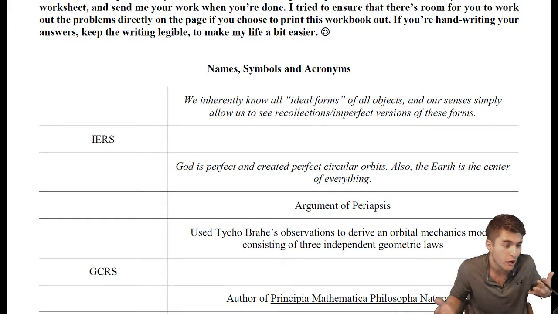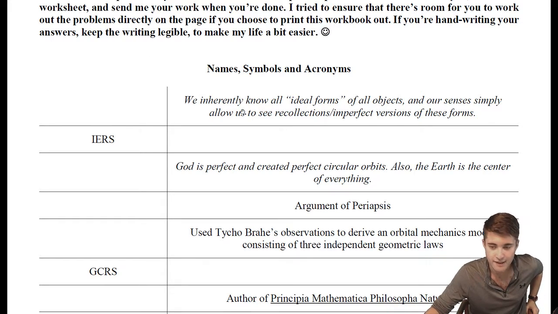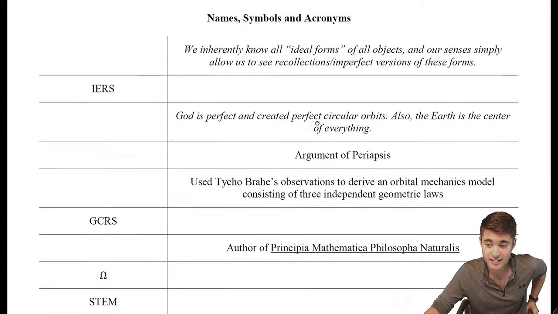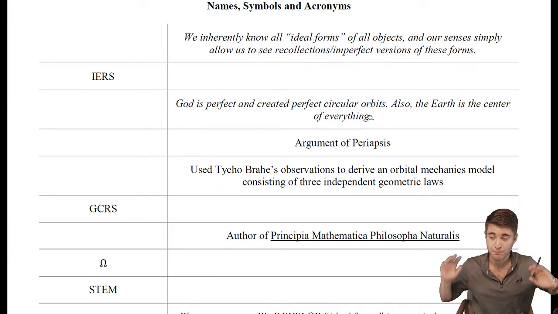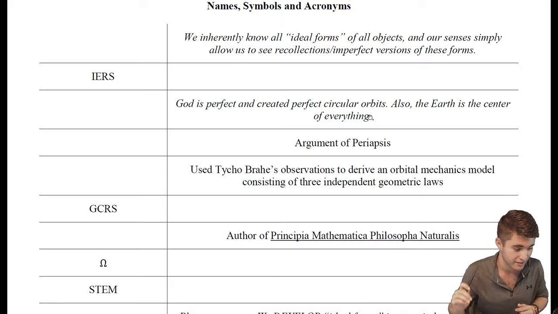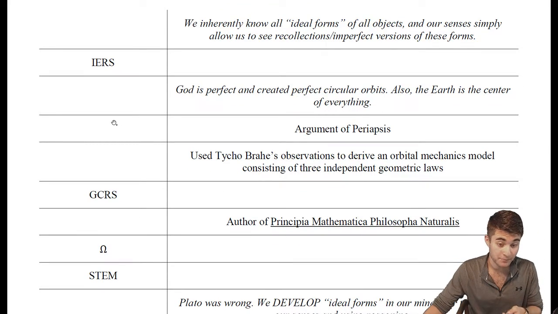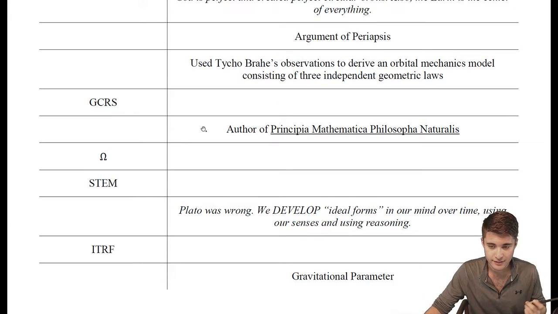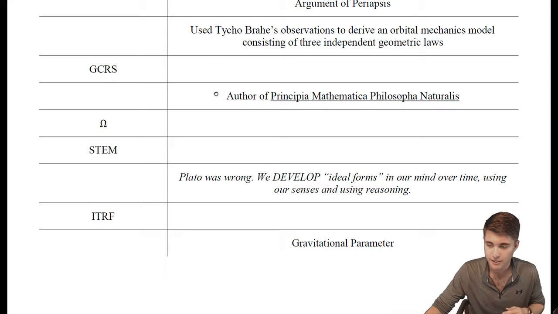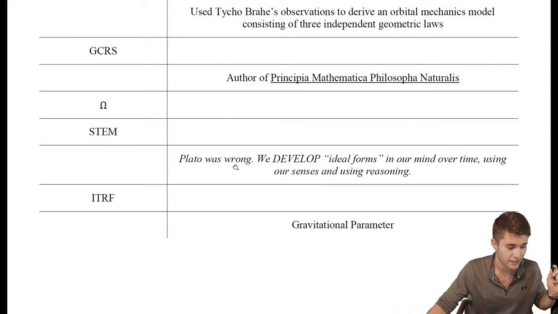We inherently already know everything. Who said that? AERO, what does that stand for? God is perfect and created perfect circular orbits. Also, the Earth is the center of everything. Who said that? You get the idea. Argument of periapsis. What is the symbol that's commonly used for that? You keep going. What does GCRS stand for?